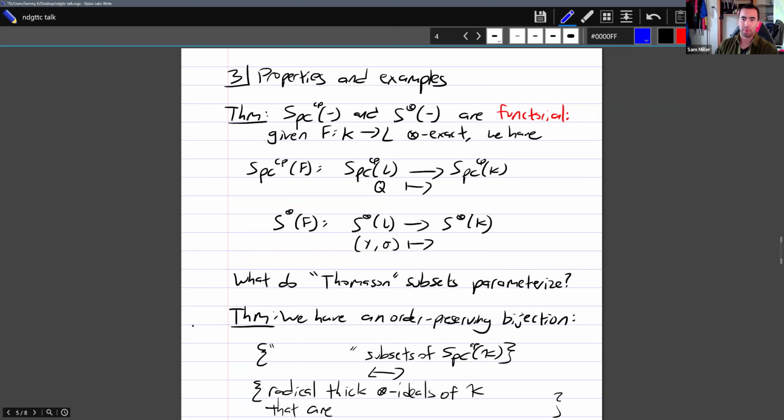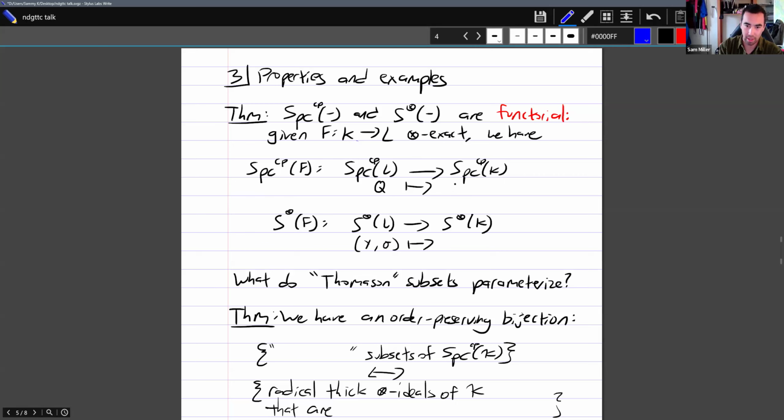So now let's discuss some properties and some examples of this complete prime spectrum. The first thing you would certainly hope to expect is that spec CP, and also this category of support data, are both functorial. So if we have a tensor exact functor f from K to L, then this induces a functor spec CP of f.